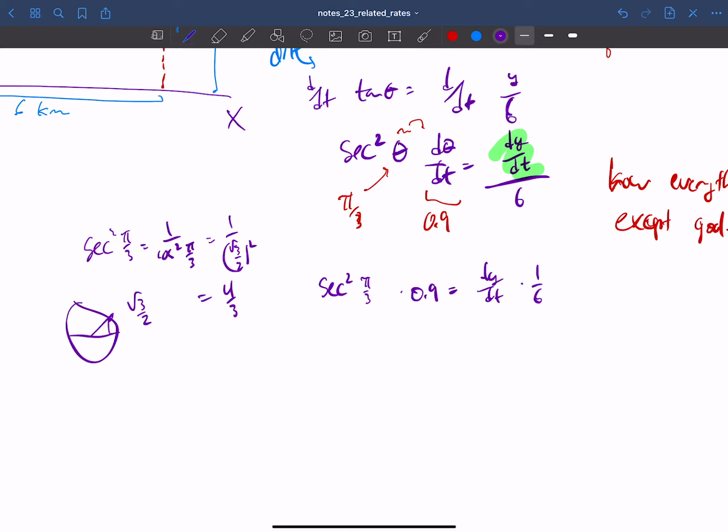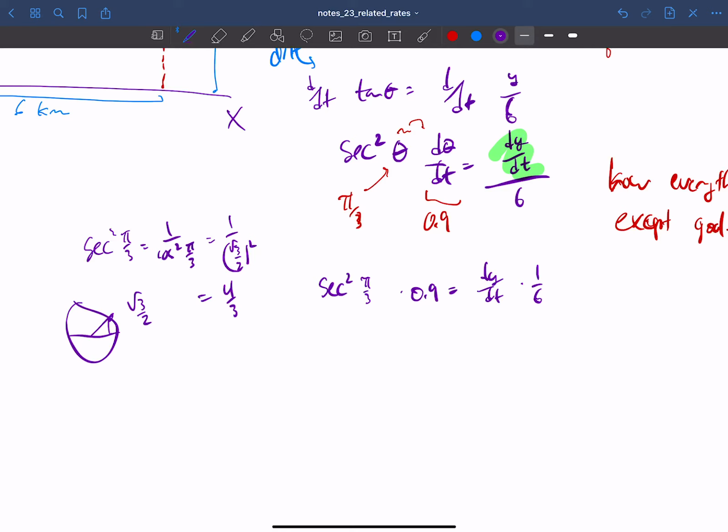Did I get that right? I kind of think that my cosine is off. Why don't you go ahead and pause the video and get out your unit circle and double check that value. We need to figure out what cosine of pi over 3 is.